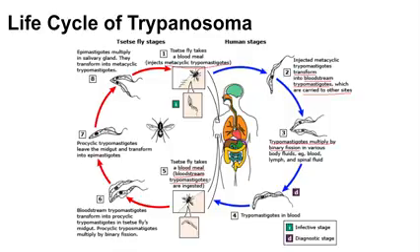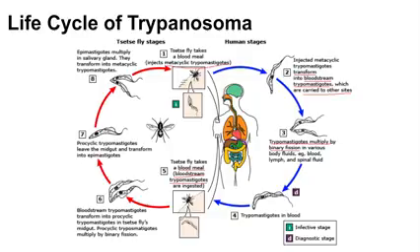So the bloodstream trypomastigotes can be ingested by the tsetse fly from an infected person, and then the tsetse fly can be a carrier of these trypomastigotes that can infect other individuals later.